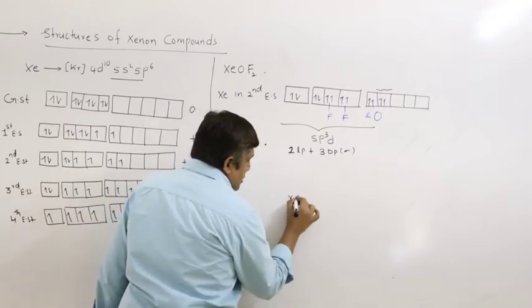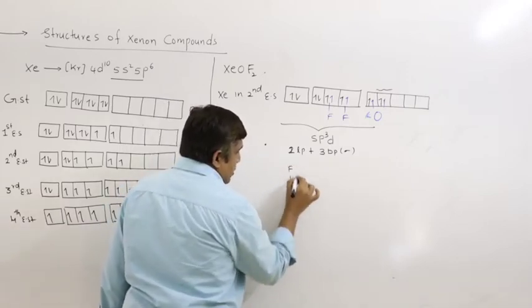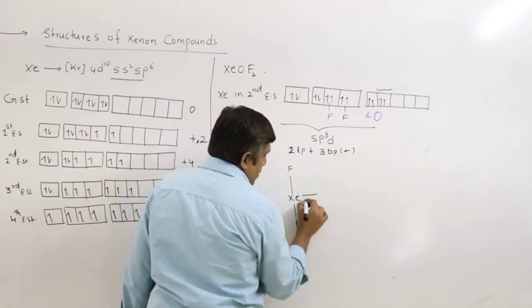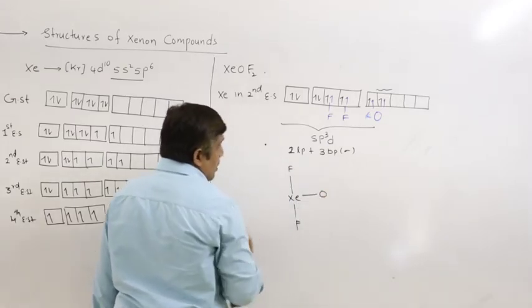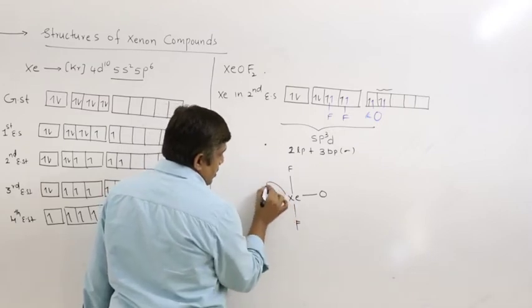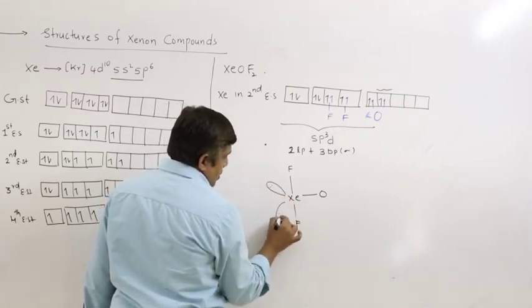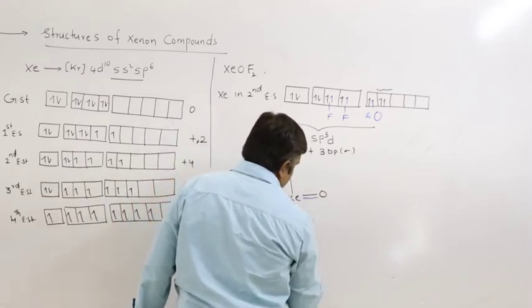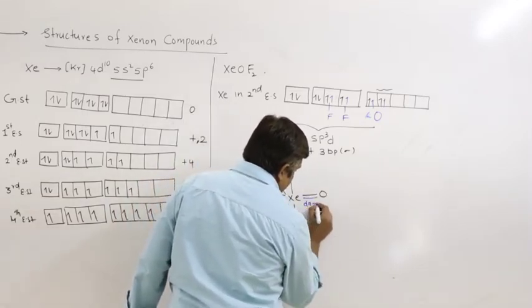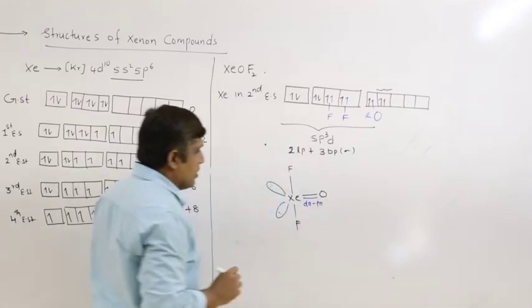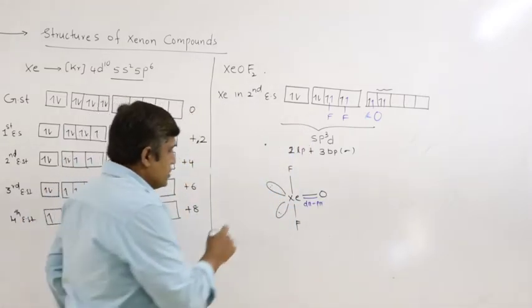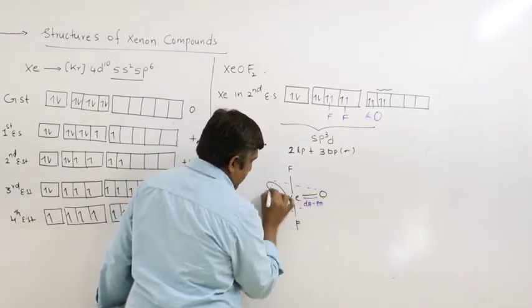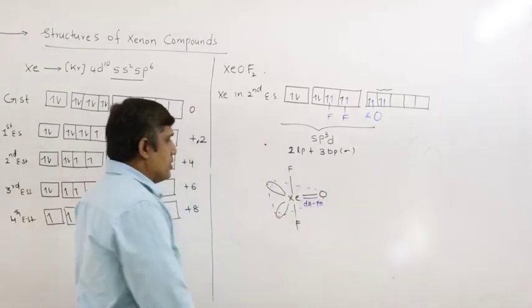Okay, it is like this: xenon uses d orbital, oxygen uses p orbital. Right. So if I join this, you will get a triangular shape, triangular plane.